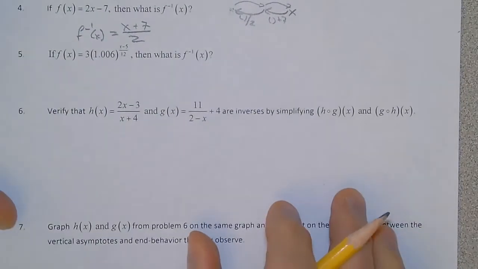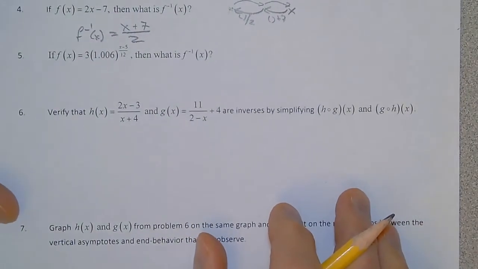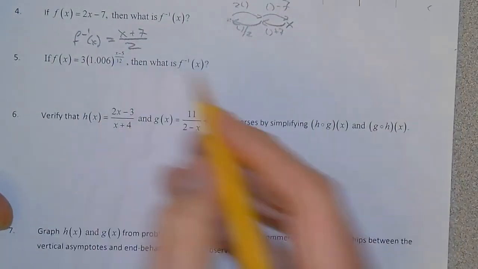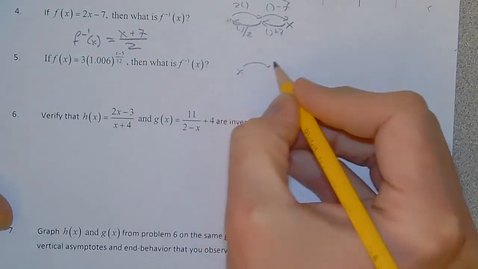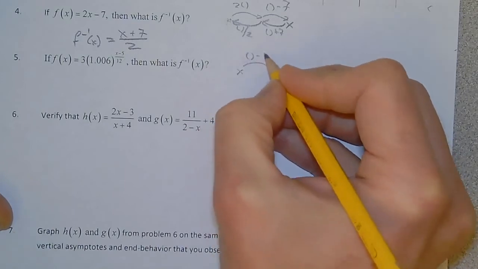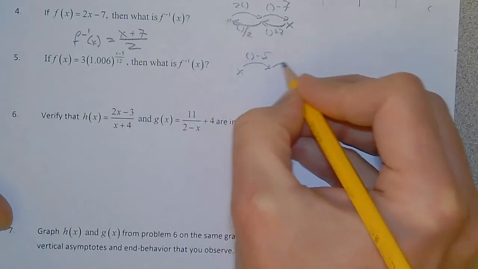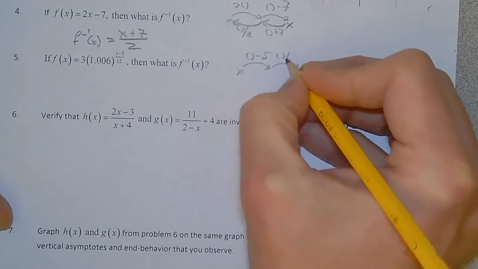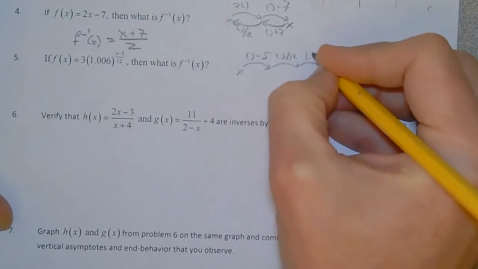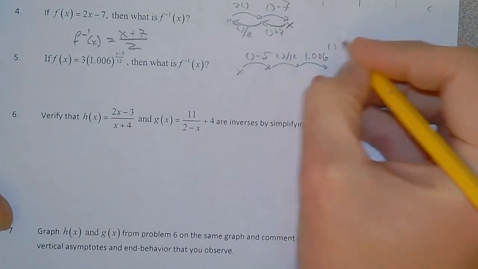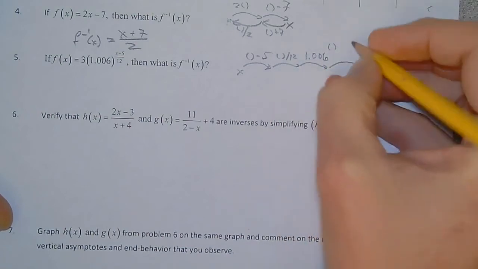Okay. We can build inverse the same way. With this, it's a little bit more complicated, more things going on, but it's just more arrows. So we start with subtracting a 5, then we divide by 12. We stick that in the power of the 1.006, and then we multiply by 3.